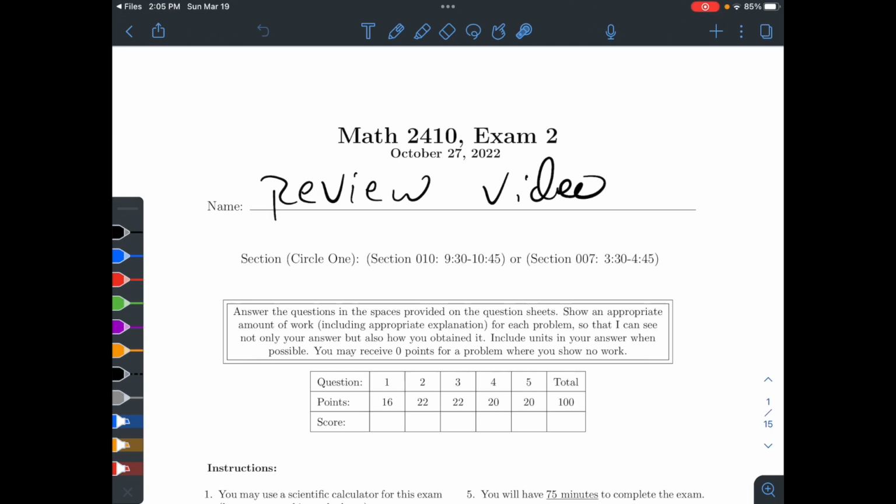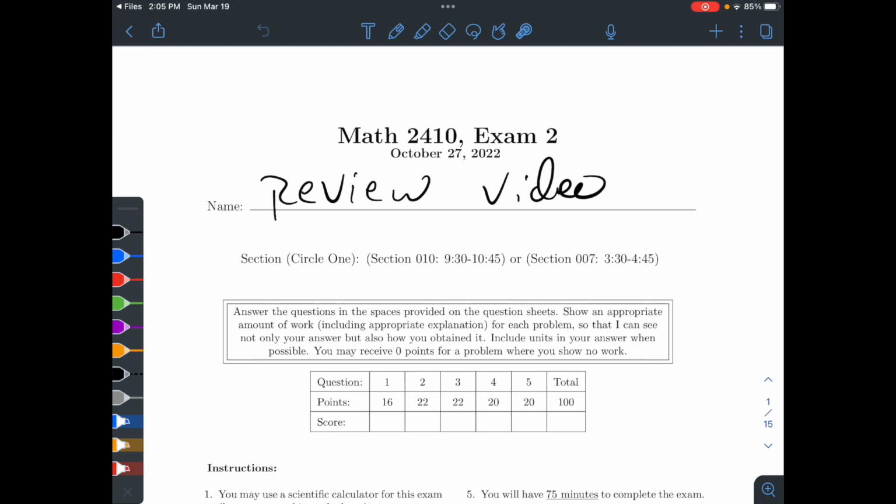And so I always like to give the disclaimer that this is not a 100% comprehensive review or anything like that. So don't just limit your studying to just the information available or presented in these two practice exams.